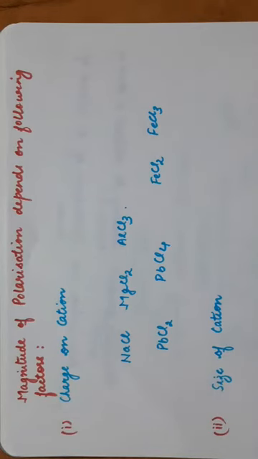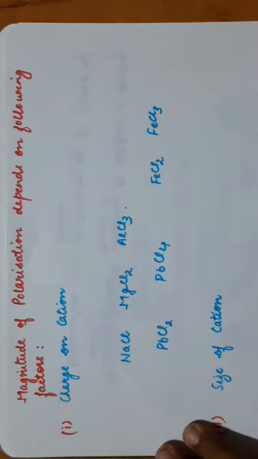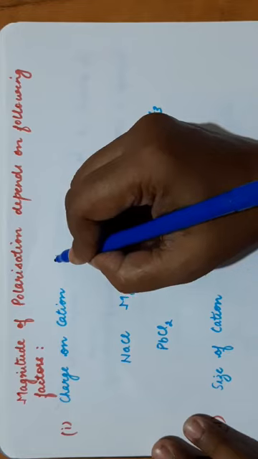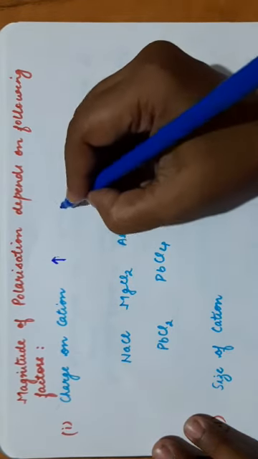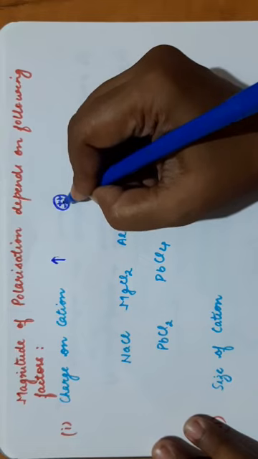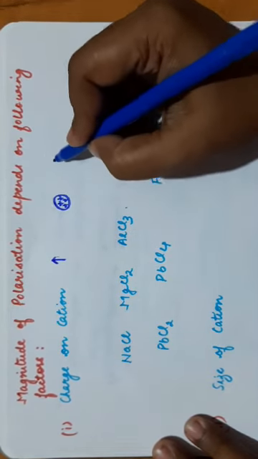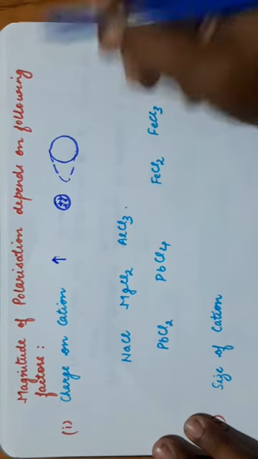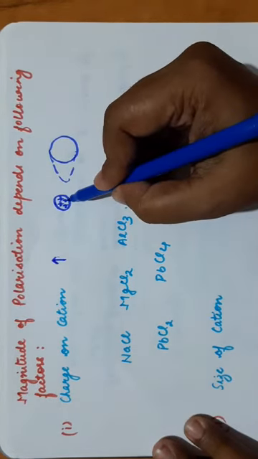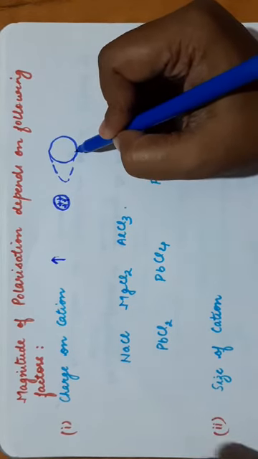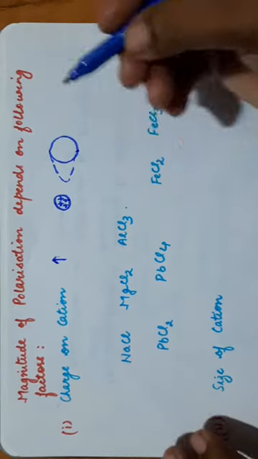Now the magnitude of polarization depends upon certain factors. First is the charge on the cation. See, if the charge on the cation is high, meaning it has a high positive charge, then the greater the positive charge, the greater the distortion of the electron cloud. Greater the positive charge on the cation, greater will be the distortion of the electron cloud and greater will be the polarization.